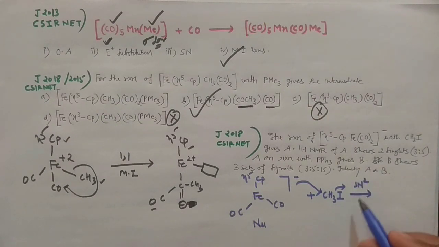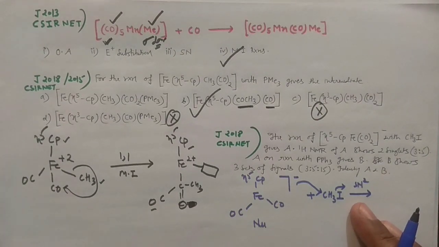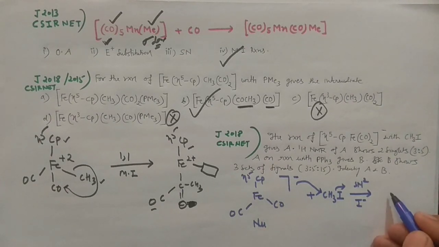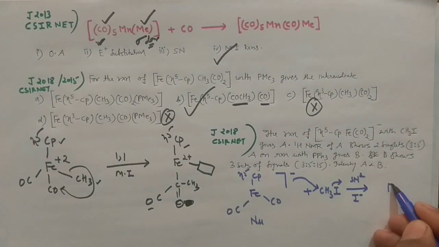If you don't know what SN2 reactions are, you can search on YouTube for SN2 reactions by Tetrahedron Chemistry Classes, then you will find the results. So I negative would be removed from here, and this CH3 will get bonded to this particular iron. So what complex are you having?